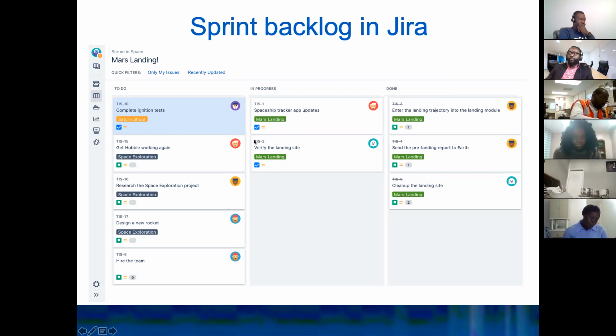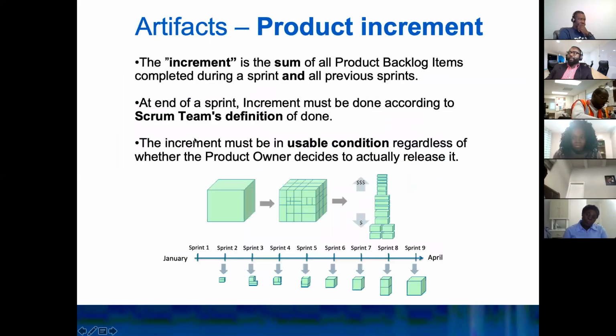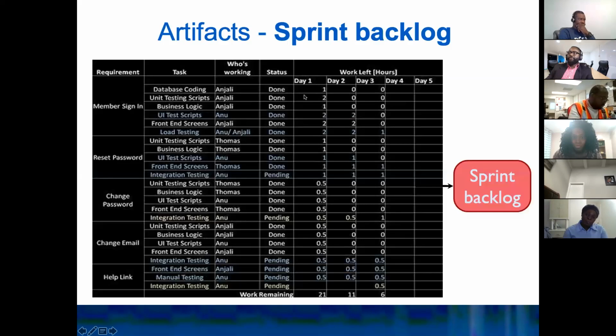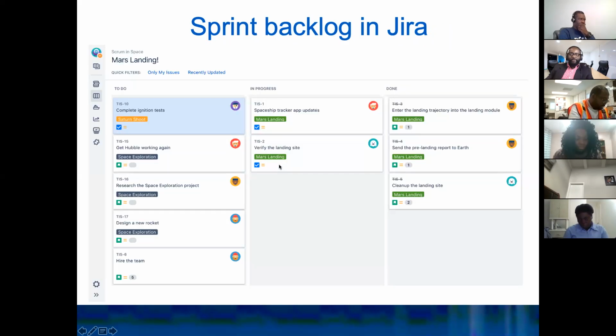So you can move those tasks from to do to pending to done as well, right? And usually only when you complete all the tasks under one item or one user story, then you move it to done or to complete. Okay. And in their case, the way this snapshot is showing, they have 2 items that they are currently working on in their sprint backlog.